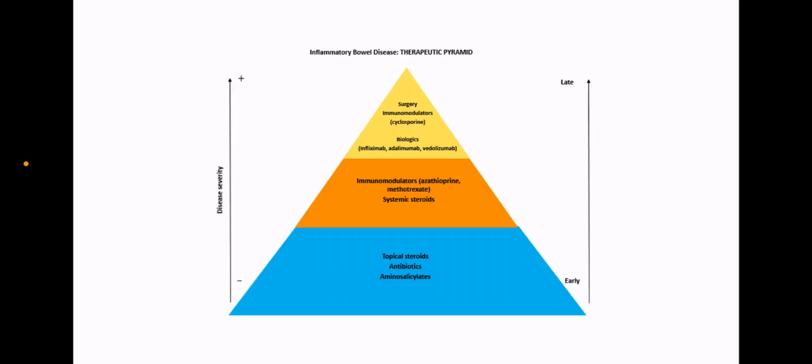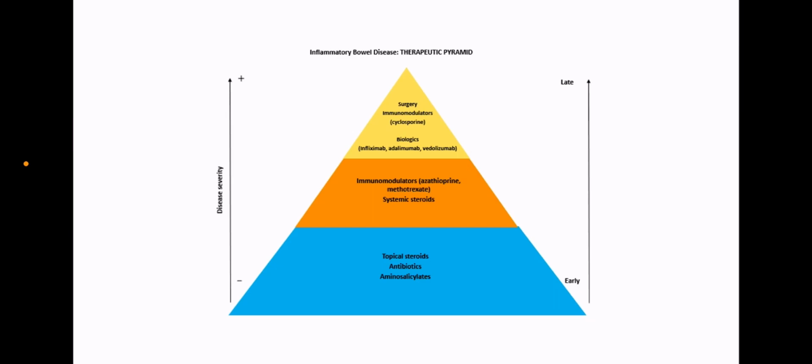So the ideal approach for this disease: in a patient we start with topical steroids like methylprednisone, or aminosalicylates.